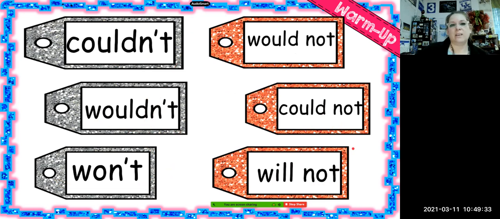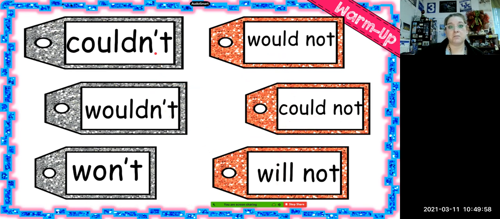All right, so let's think about what is your pair of words that matches couldn't. Let's look at the first part of that contraction. It is what word? The word could. Which one of these starts with the word could? Could not. Good.